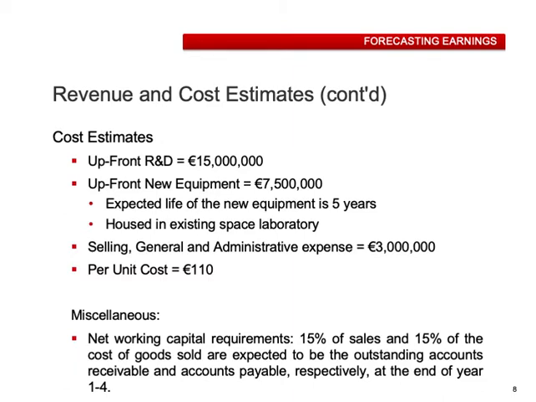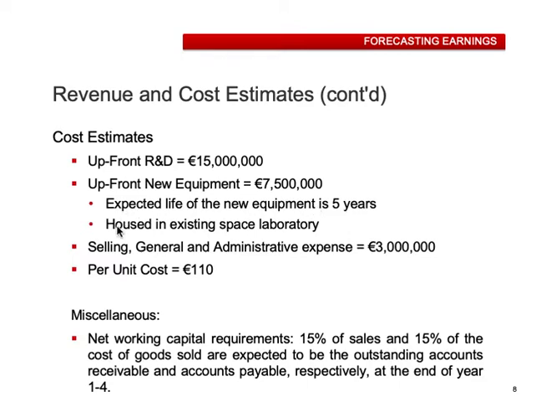Now let's have a look at our cost side, starting with an upfront R&D outlay of 15 million. Remember that the upfront R&D has no depreciation expense, okay? The upfront new equipment, however, 7.5 million, has a depreciation impact because the expected life is 5 years.